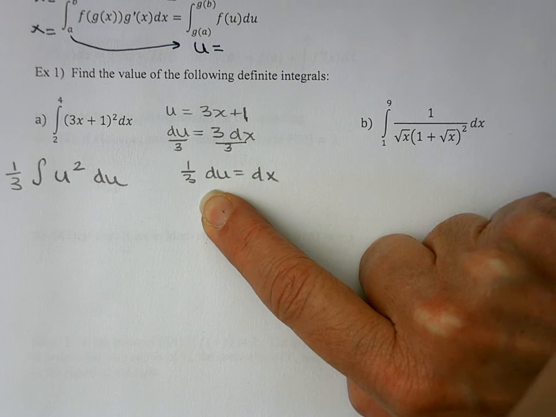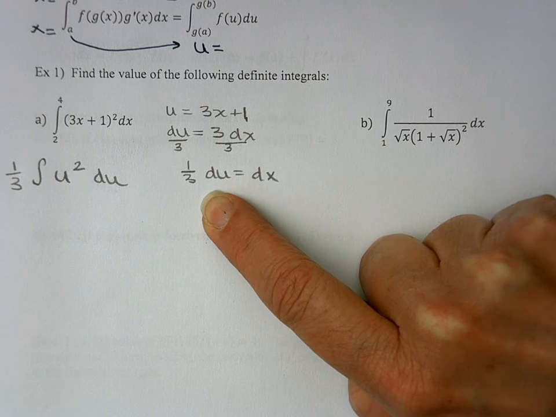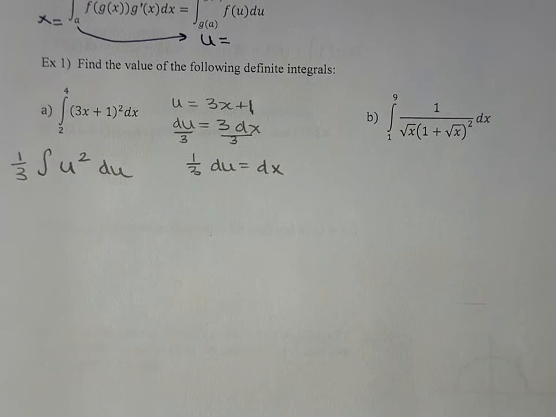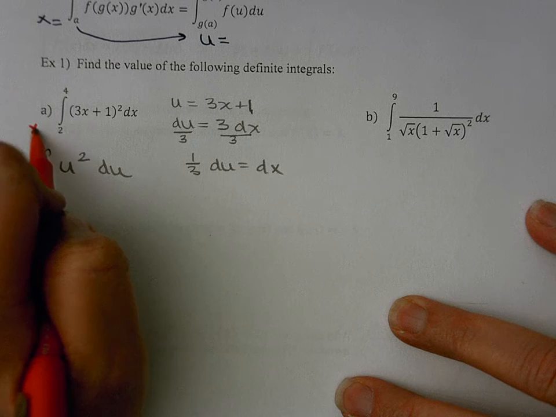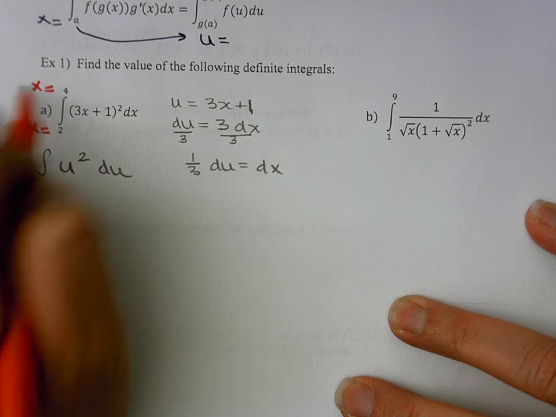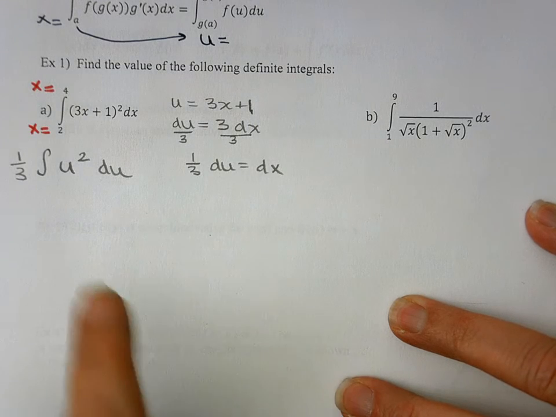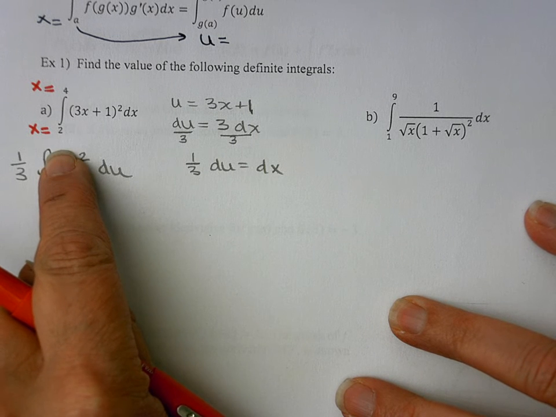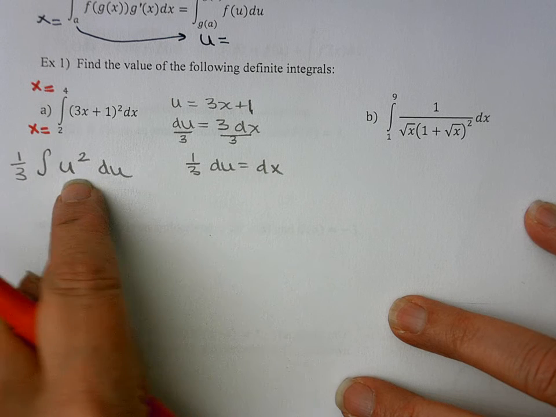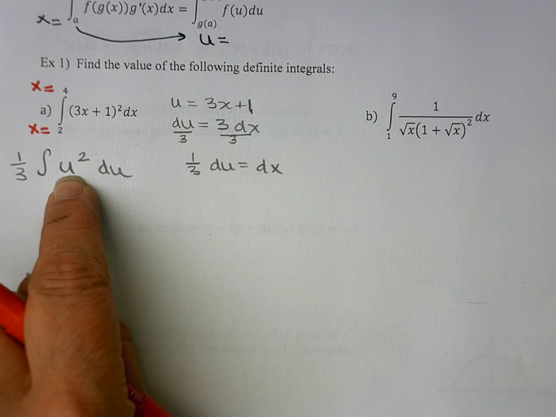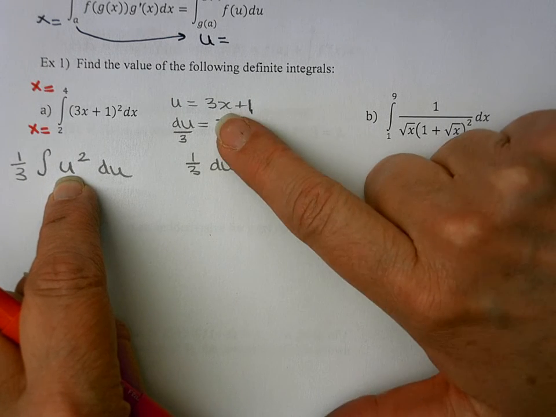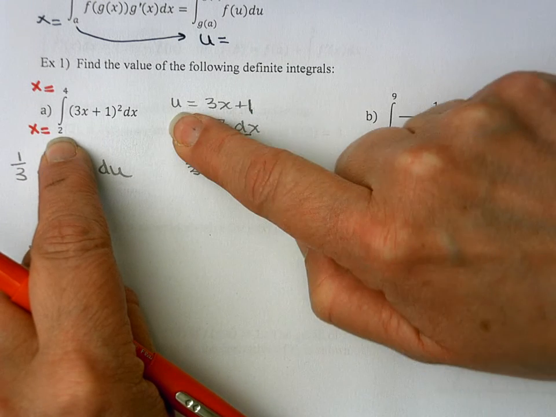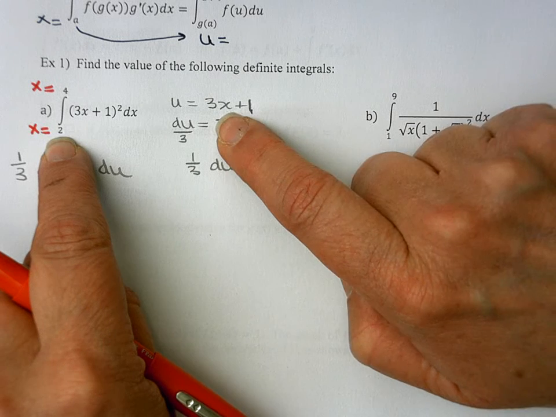So now this is the new component. So right now I have limits of 2 and 4, right? So limits of 2 and 4. And these are values of x, right? So x is equal to 2, x is equal to 4. So I have variables of u, so that means this cannot be a 2, this cannot be a 4, because that would imply that x and u are the same, which it isn't. So if I know x is equal to 2, my job is to figure out, well, what would u equal when x is equal to 2?